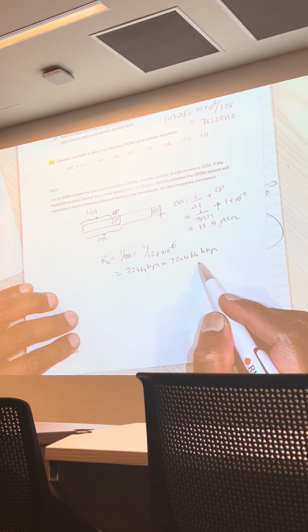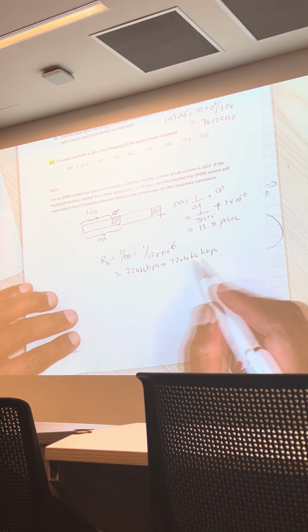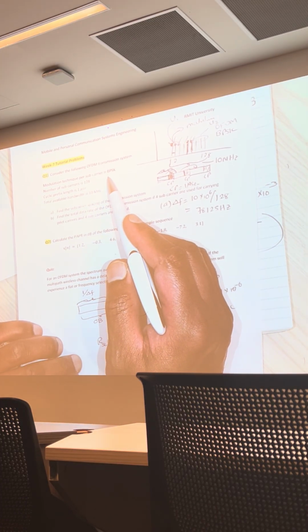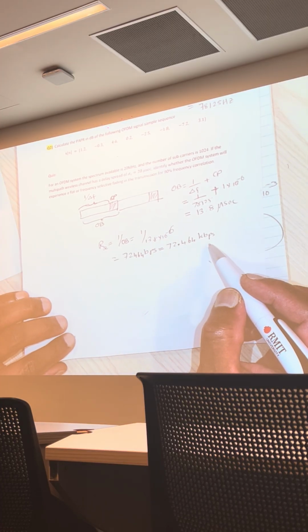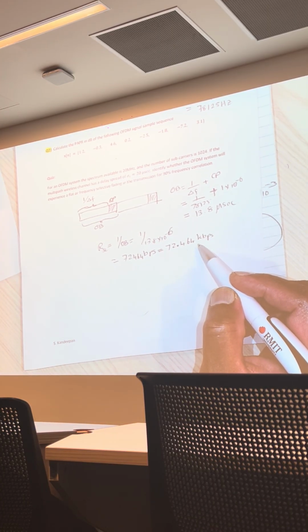If you use QPSK per carrier, that means 2 bits per symbol, and you've got to multiply this by 2 to calculate the bit rate, the number of bits per symbol. Right? So in this example, it's only BPSK, so 1 bit per symbol. This is actually your symbol rate that we calculated, but in this case it's the same as the bit rate because it's 1 bit per symbol, right?